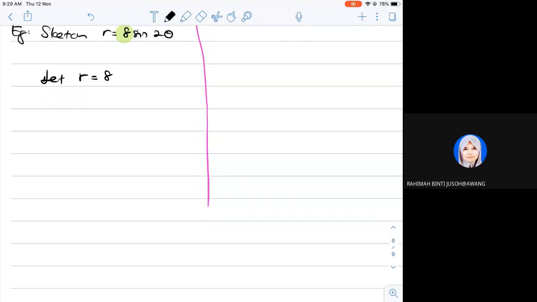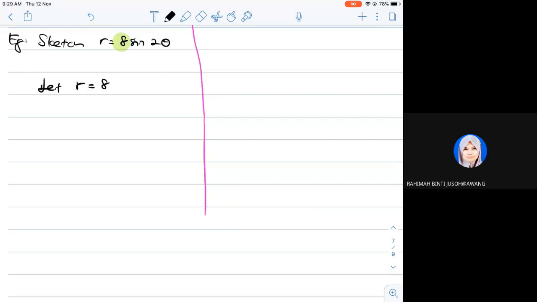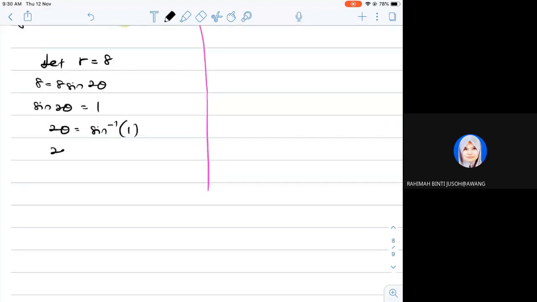If we let r equal 8, we substitute here: 8 equals 8 sine 2 theta. So sine 2 theta is 8 divided by 8, which is 1. So 2 theta equals inverse sine of 1. Shift sine 1 on the calculator, and we get 90 degrees, which is pi over 2.